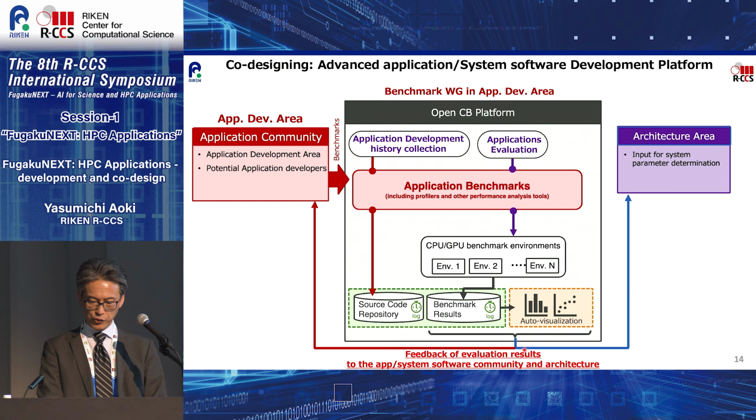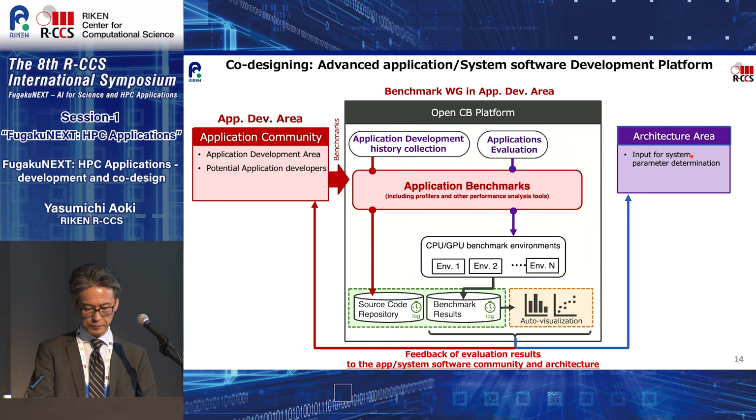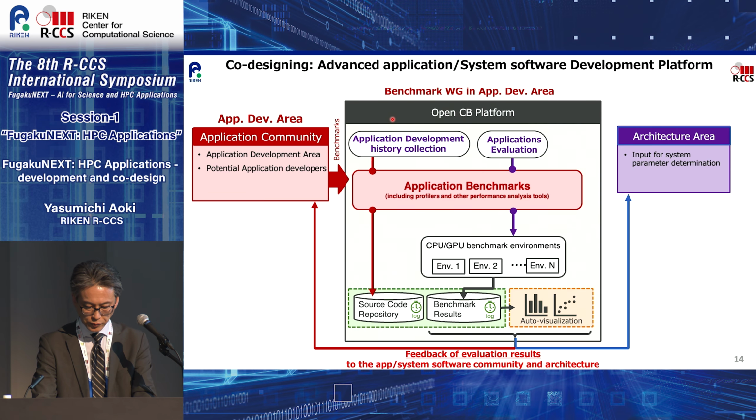This output is, of course, a very important output for the system parameter determination in the architecture area in the coming years. And of course, this result of the evaluation is fed back to the application community for further tuning of the application.